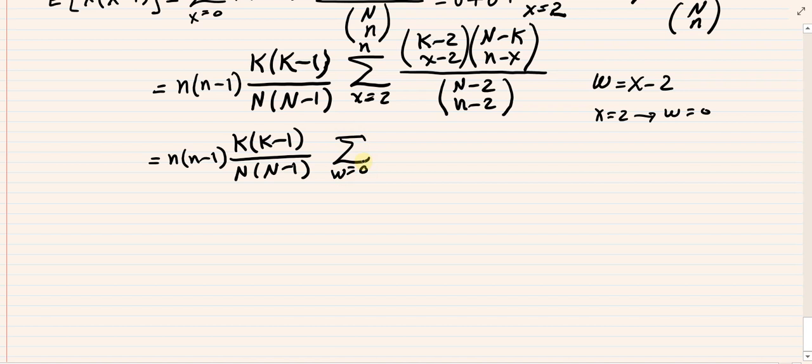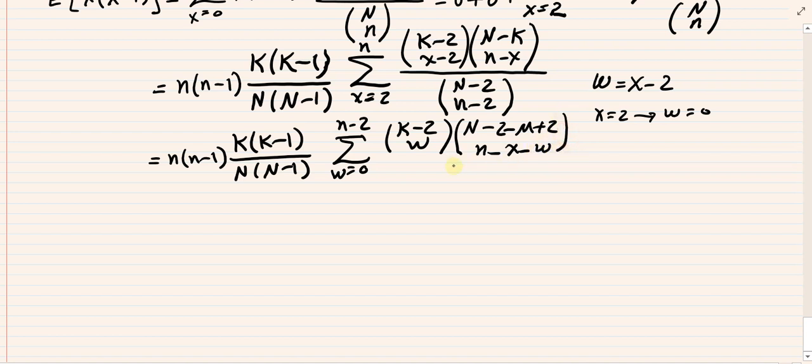W goes from 0 to n minus 2 now, right? Of k minus 2 choose w, and then I can work the second one as n minus 2 minus w, right? All of that divided by little n minus 2.